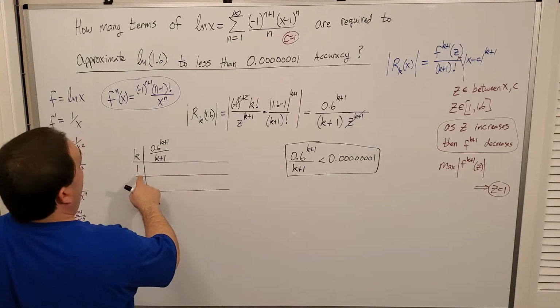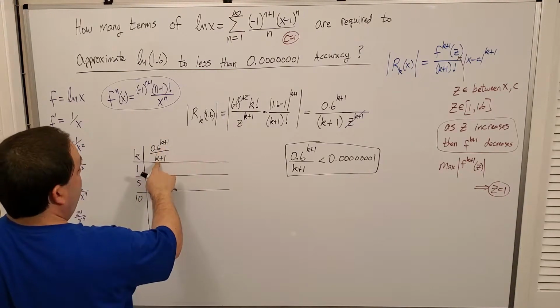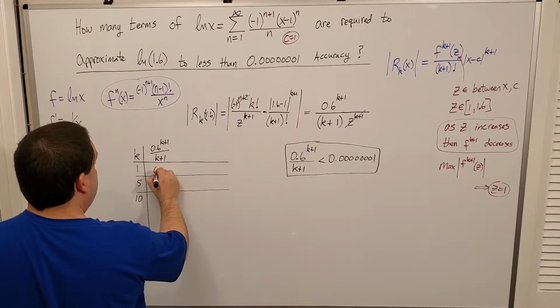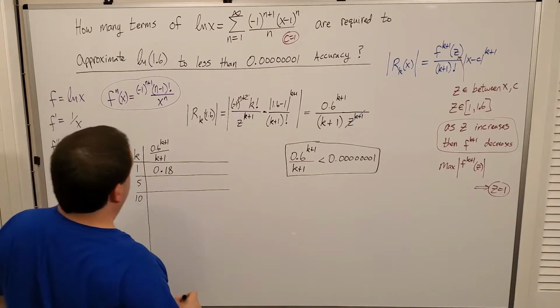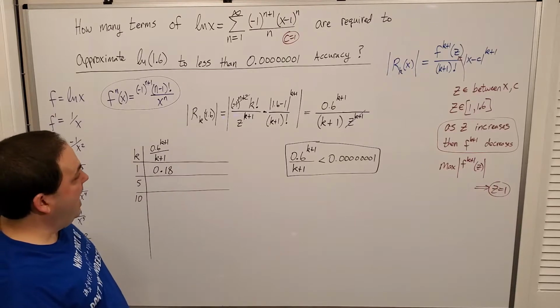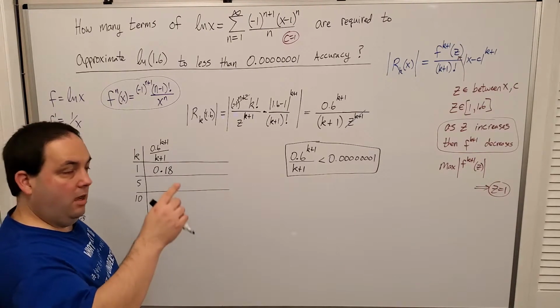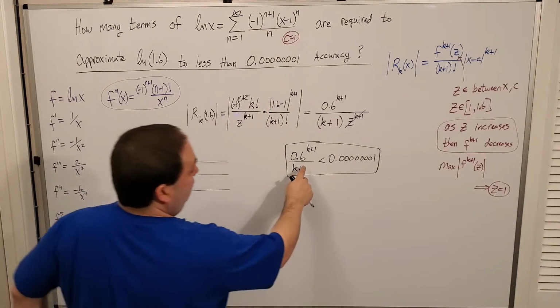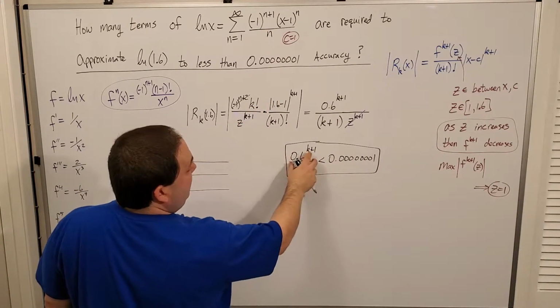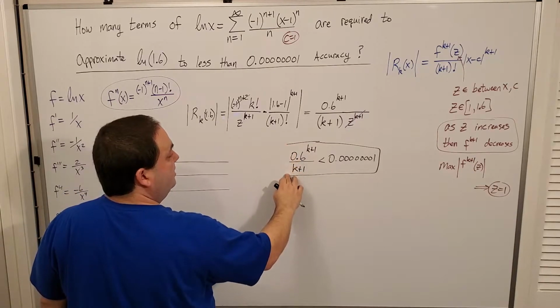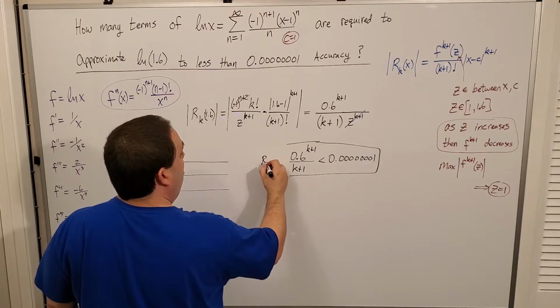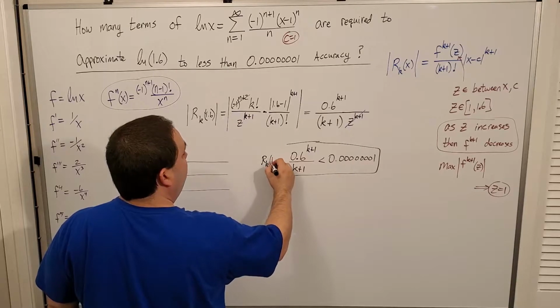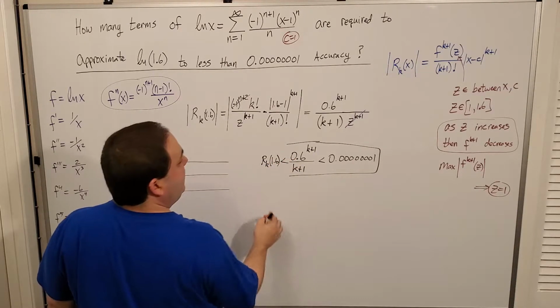If you plug in k equals 1, 0.6 to the 2 divided by 2 is 0.18. That's what my error would be calculated out to be less than. Remember, this thing right here is what my error R is less than. My R sub k of 1.6 is less than this.